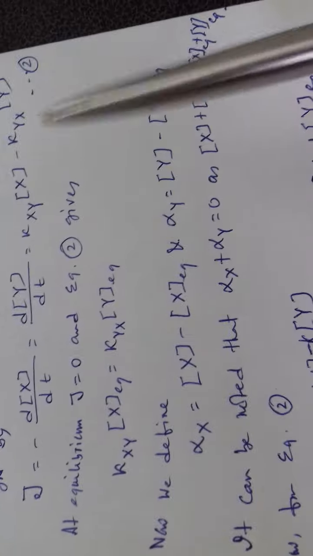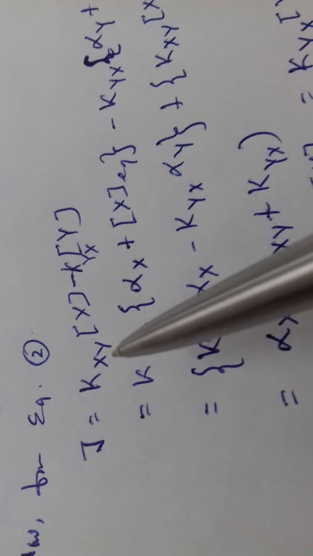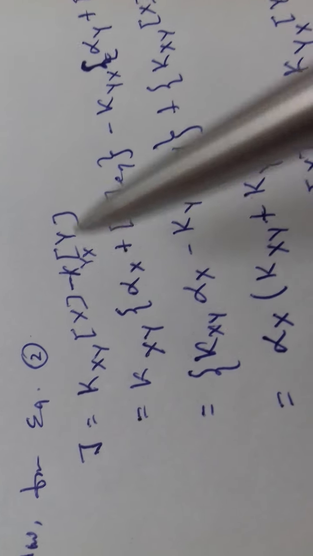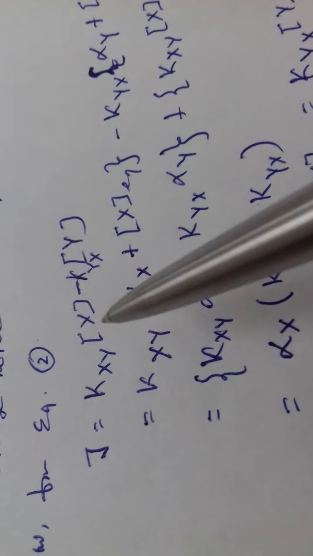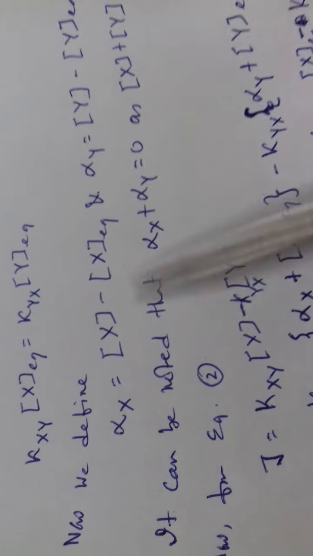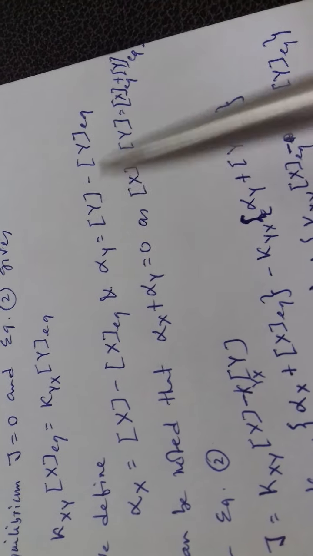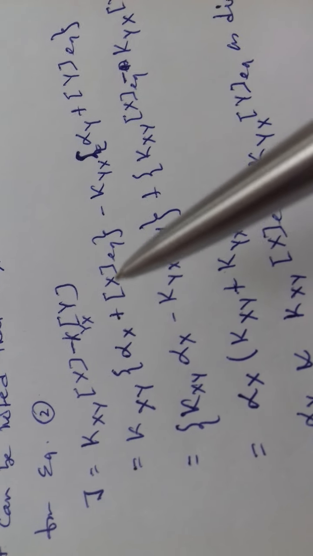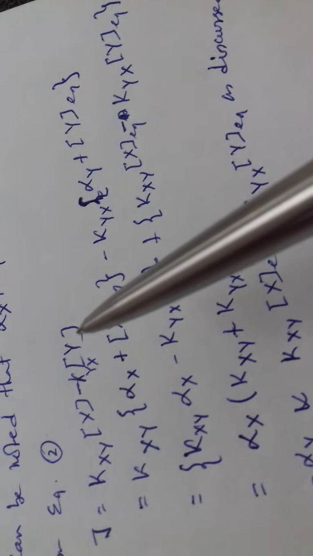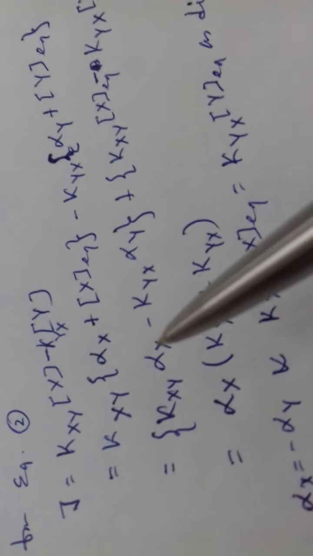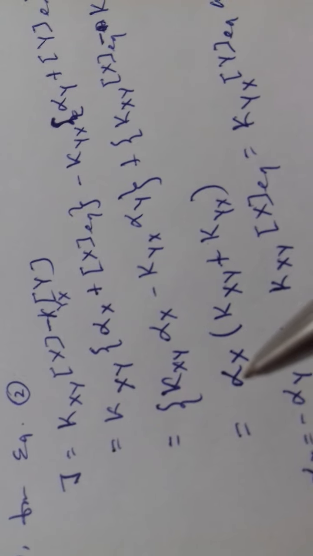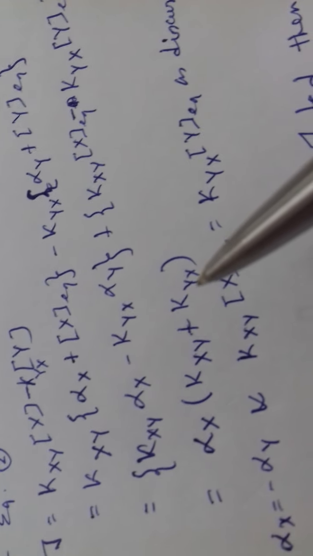So now from equation 2, we can find that J equals kxy into x minus kyx into y. In place of the concentration of x we can write alpha x plus xeq, and the concentration of y is alpha y plus yeq. So we can substitute these and find that J becomes alpha x into (kxy plus kyx).